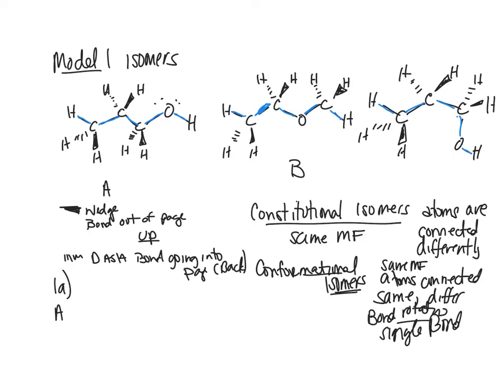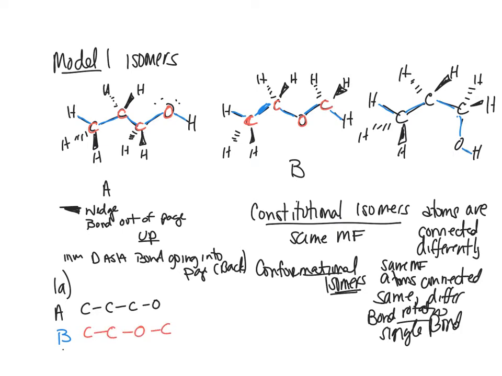So A, we have carbon, carbon, carbon, O, and that's your example. Okay, so for B, we have carbon, carbon, O, carbon, carbon, carbon, O, carbon.